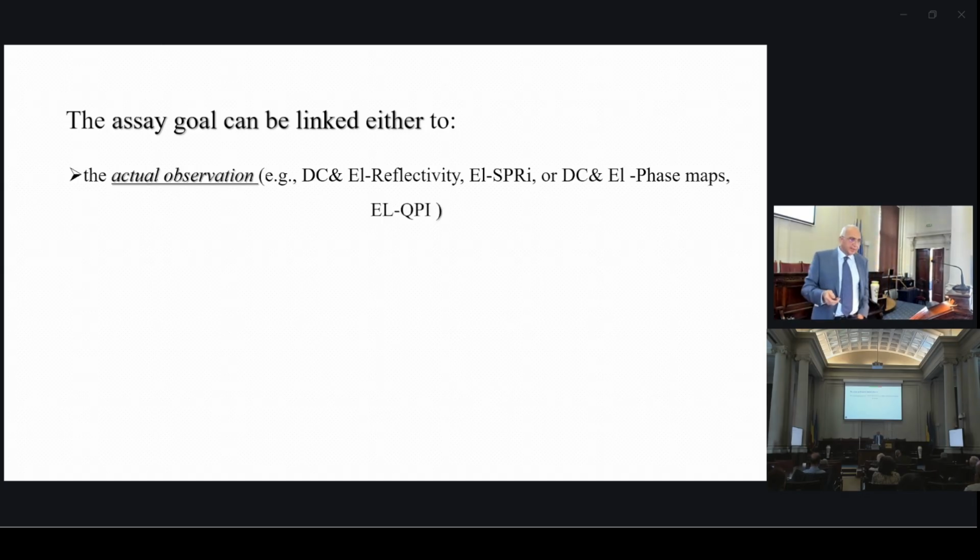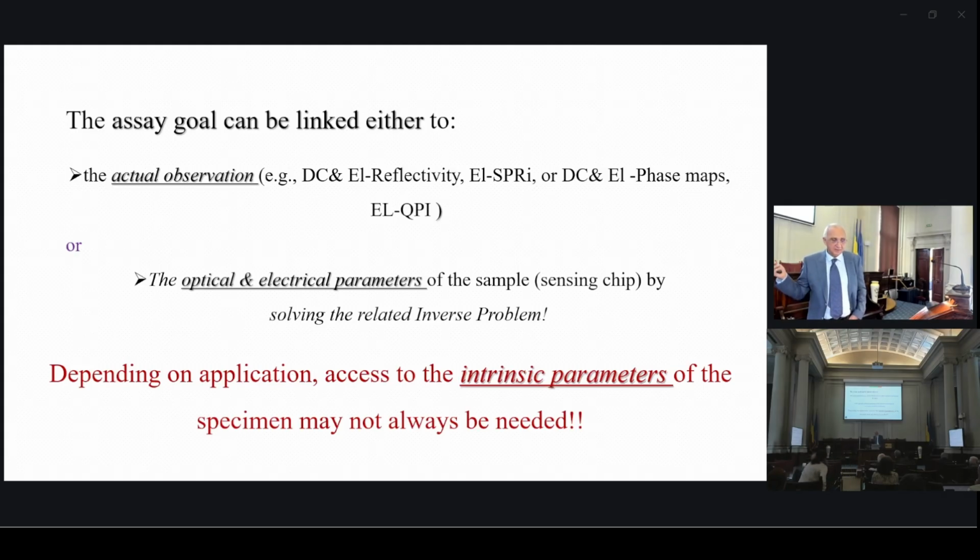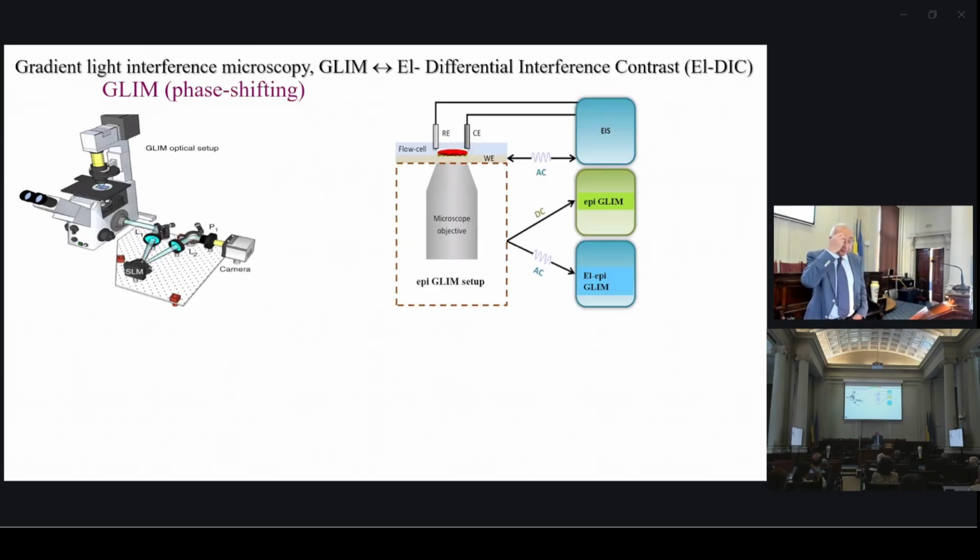The idea is that in some cases, we may rely on the actual observation, so you may not necessarily need to solve the inverse problem in order to gain some information, such as that related to antimicrobial susceptibility testing. But it could be of interest to try to do this. And again, that was the problem of my last 2 years. And just for you to have an idea, what is it about?